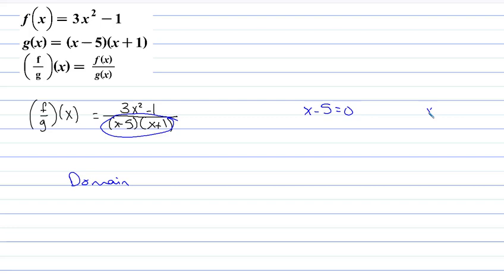And then you're also going to set x plus 1 equal to 0. Because those are the two things it can't be. So it's when it's not 5 and when it's not -1. So the domain is x can't equal 5 or x can't equal -1.